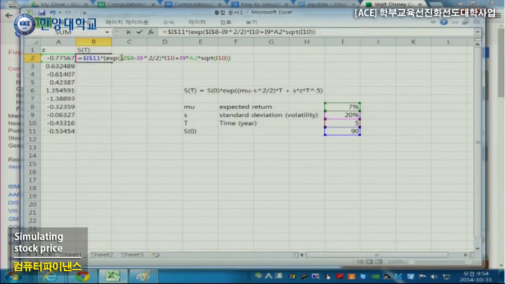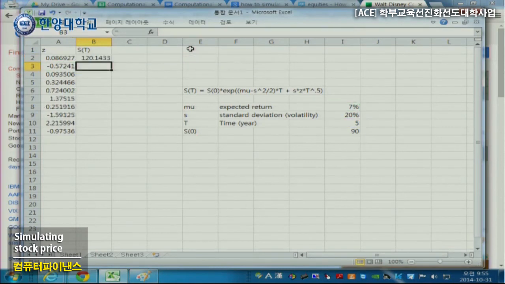Okay, but then I have to put absolute value everywhere, except this one, which is the general random number.